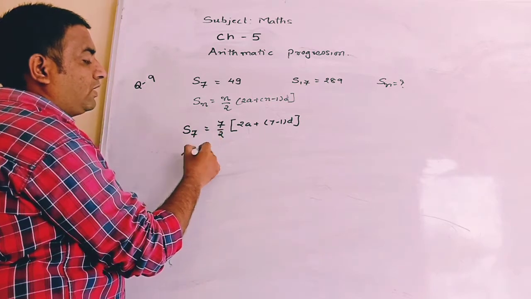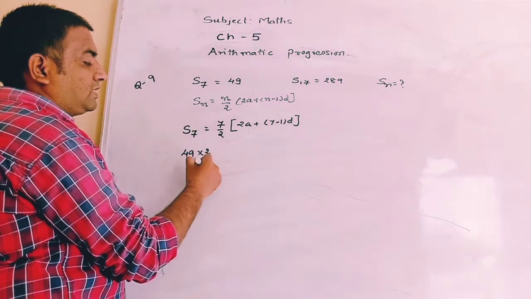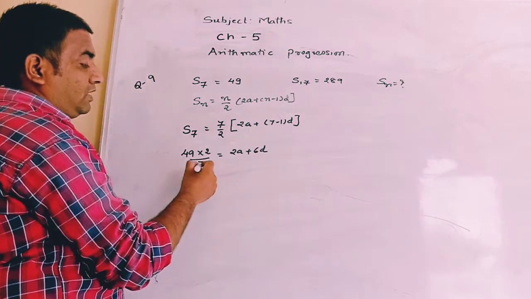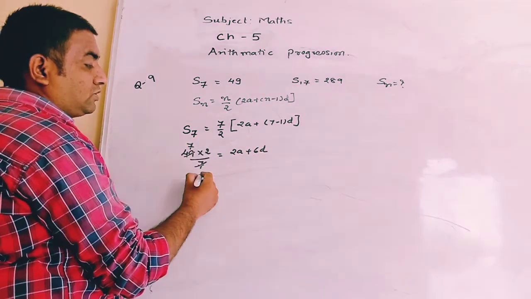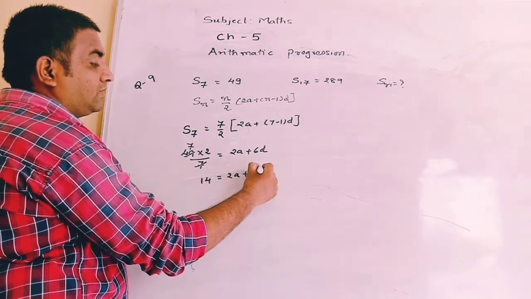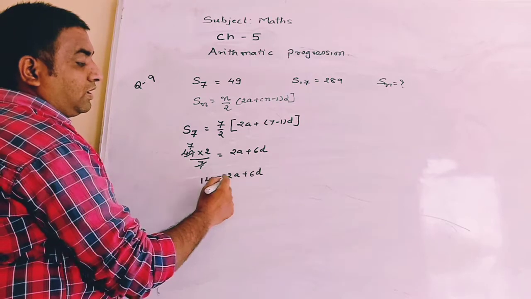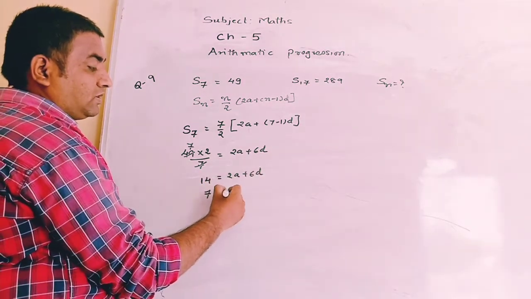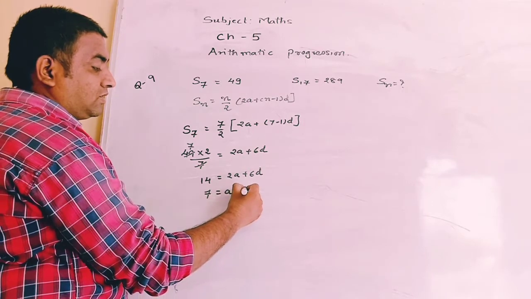This 7 by 2 will go to this side, so 2 by 7 into 49 equals 2a plus 6d. So 7 sevens are 49, and so 14 equals 2a plus 6d. All the terms are divisible by 2, so we divide by 2, then 7 equals a plus 3d.